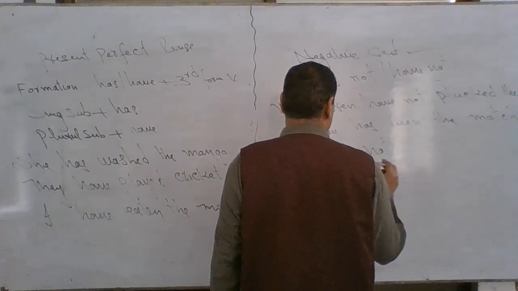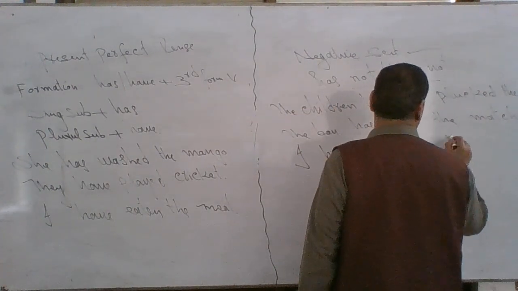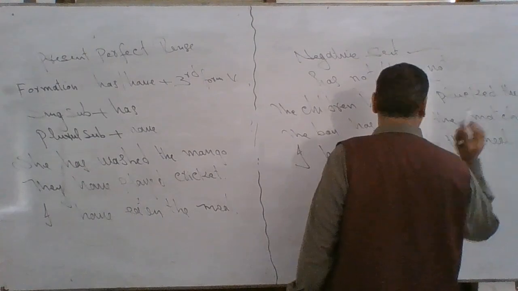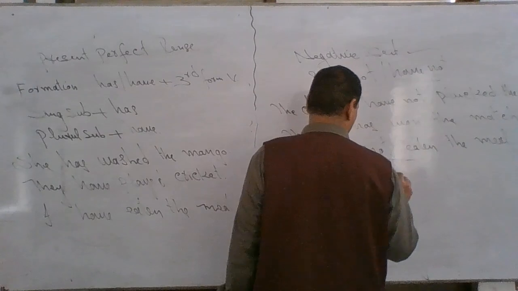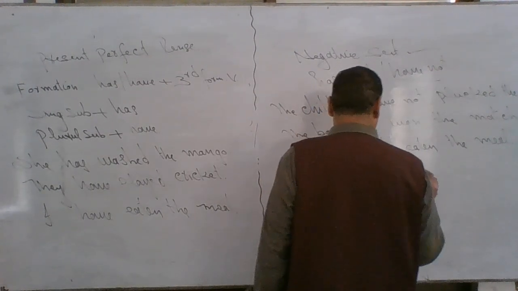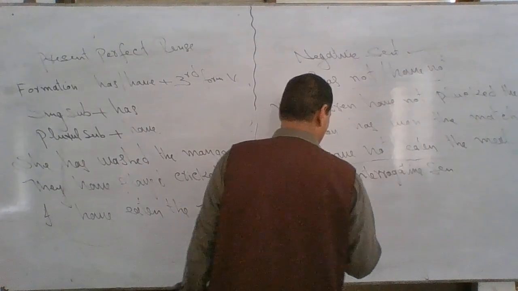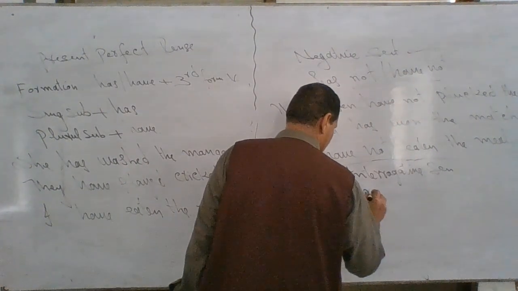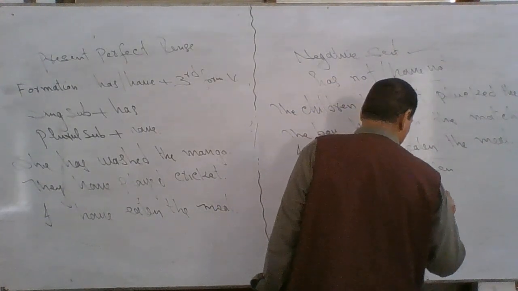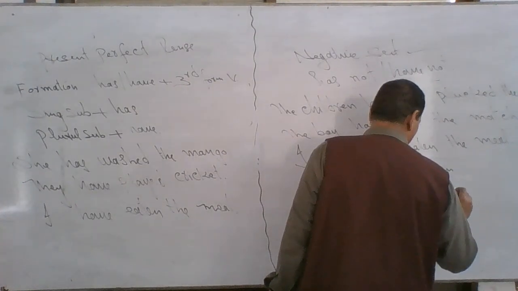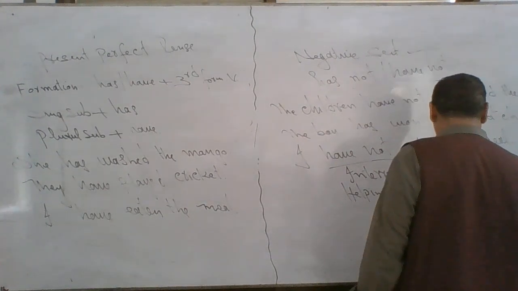And present perfect, I have lost, or in the previous sentence, the helping word formation is there, helping word in the beginning. What is that helping word? Has and have, you already know.